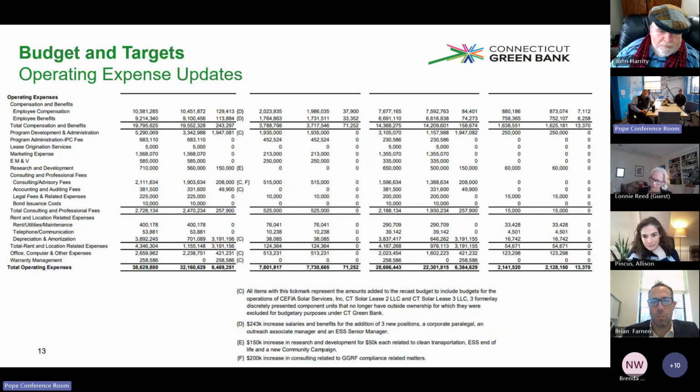So I will start talking through the adjustments to our expenses here. You'll see some items on here marked by C, which are reflective of the inclusion of items that were previously not included in our budget, but now need to be because they're in the subsidiaries that are wholly owned.